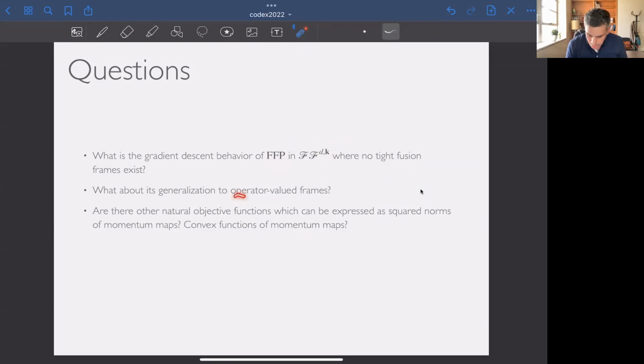I mentioned this but didn't really describe it in any detail, but some of this stuff generalizes to operator-valued frames. The obvious question is, can we characterize gradient descent in these more general operator-valued frame spaces? And then the big question is really, with these norm squareds and moment maps, you can get a lot of mileage for understanding energy landscapes from knowing that that's the type of function you're dealing with.